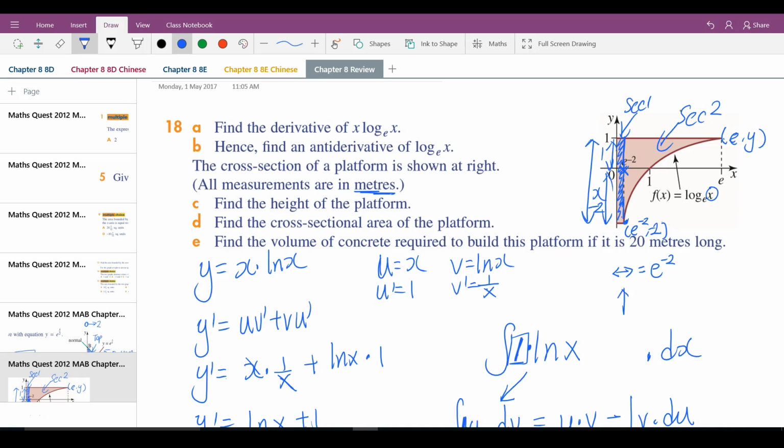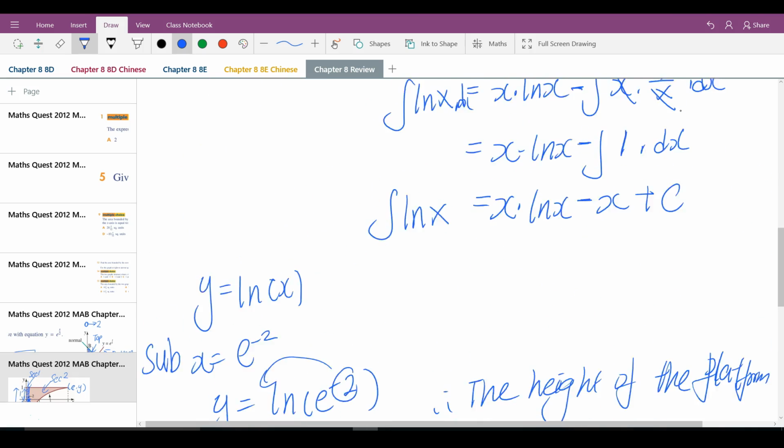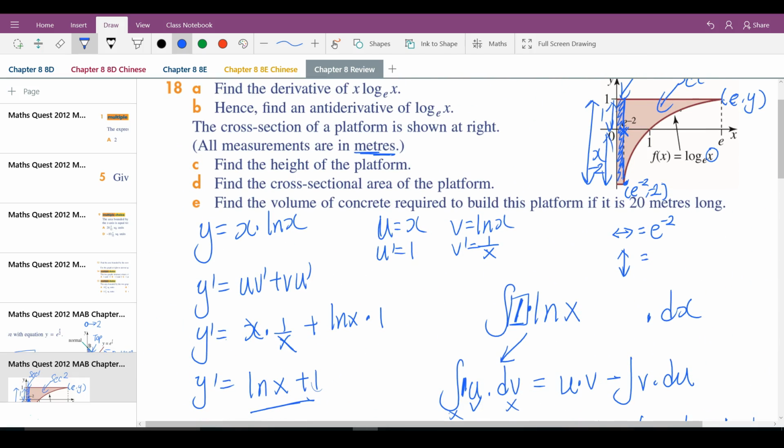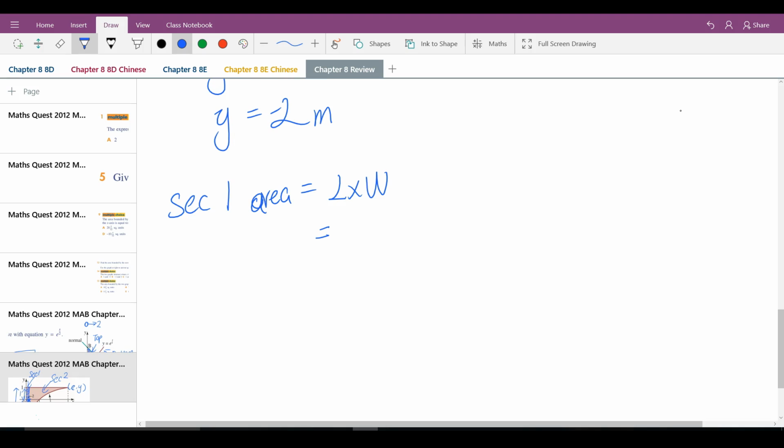And the width is, we got it before, I think it's 3. Yep, it was 3 meters high. They're both meters. So the area of the first one is just e to the negative 2 multiplied by 3, which gives you 3e to the negative 2 meters squared. That's extremely easy.